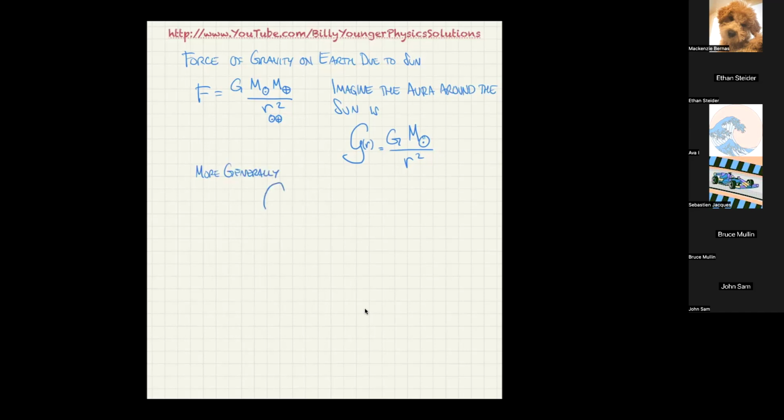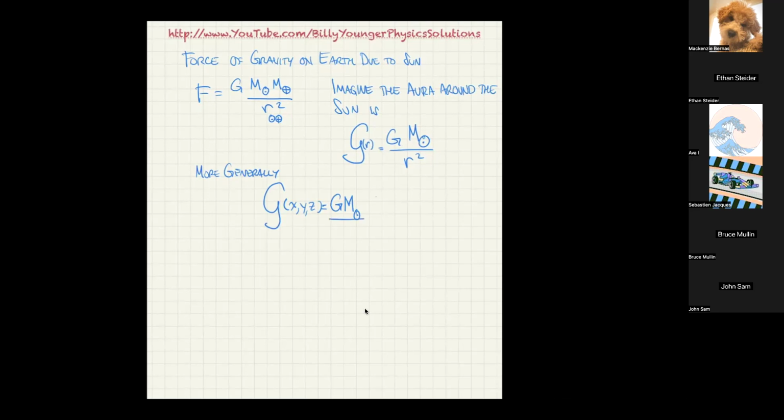we would get g of x, y, z would be equal to the gravitational constant times the mass of the sun times, now we could say, actually, let's go ahead and do this.